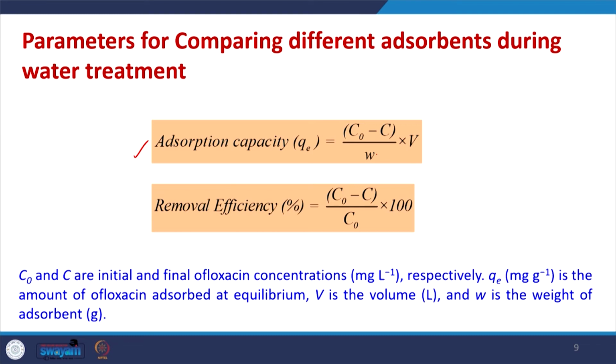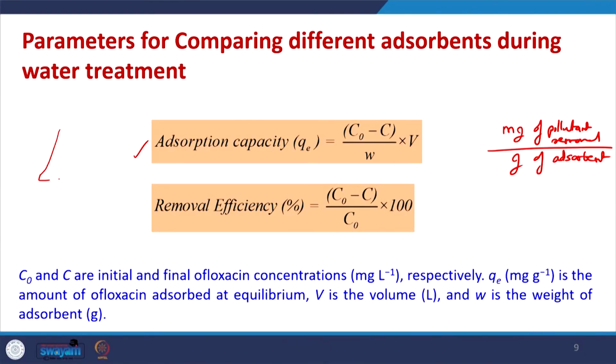It is generally given in milligram of pollutant removed per unit mass of the adsorbent, or per gram of adsorbent. This unit may be used for comparing different types of adsorbent, and we try to find this out by conducting some batch studies.